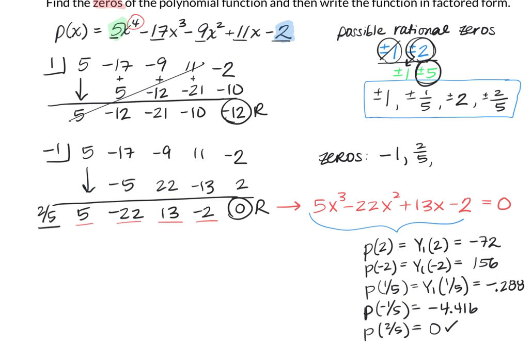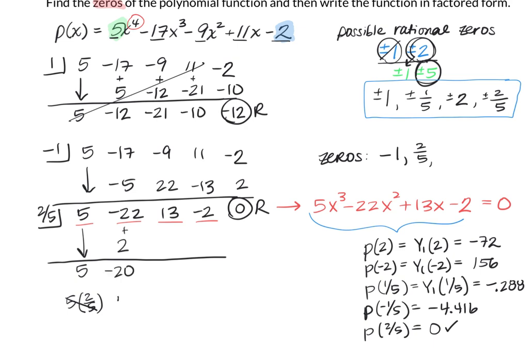So here's 2/5. I'm just going to stack my synthetic division since I already have the coefficients underlined in red. So we'll drop the 5 down. Now be careful here if you're multiplying 5 times 2/5. So 5 times 2/5 will give us 2. Adding straight down, we have negative 20.